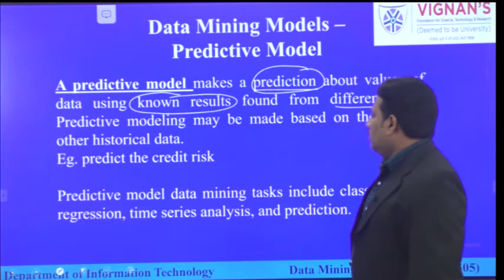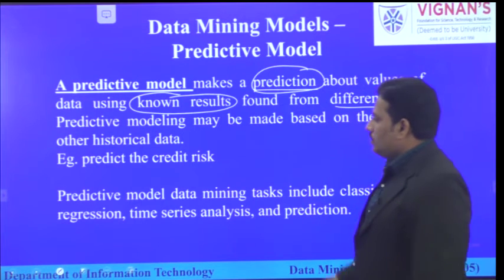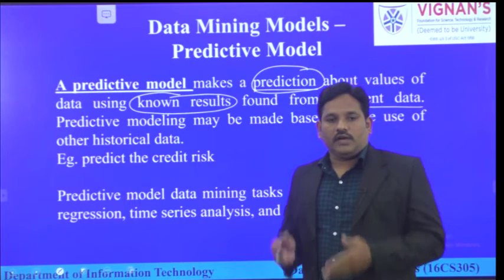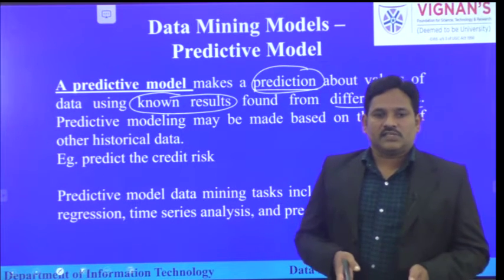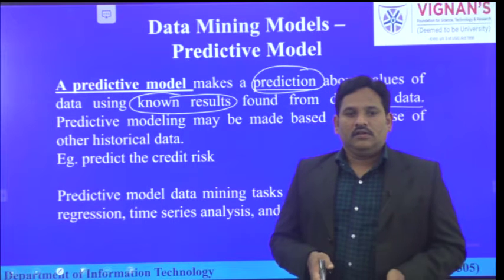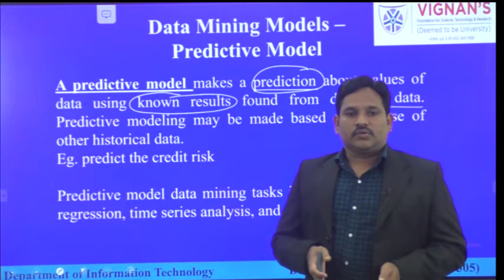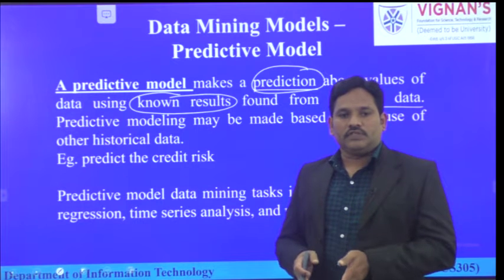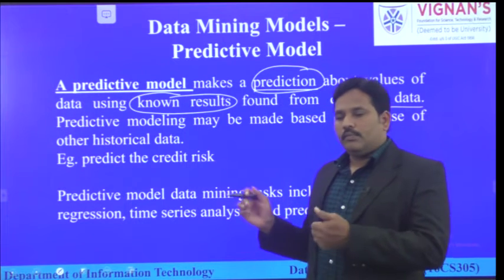Predictive modeling may be made based on the use of other historical data. That means we are trying to understand the existing data. In that understanding process, we want to extract some information, and that information is going to be used in prediction.